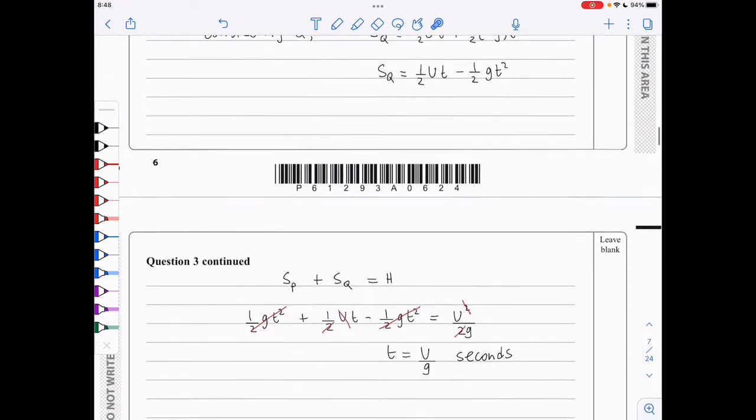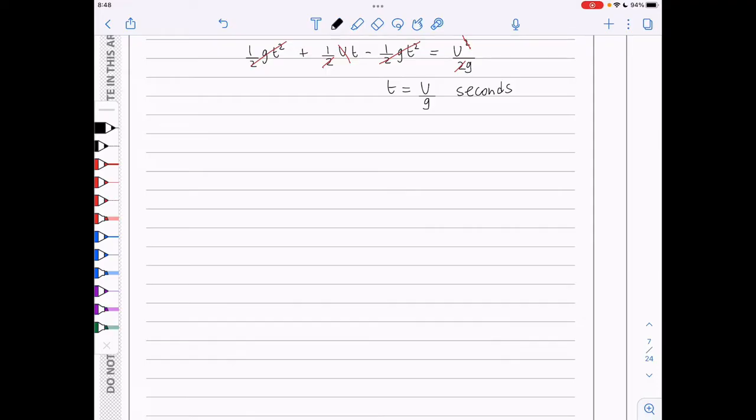So I'm just gonna say that when t is equal to u over g, as we have just established in part B, then the displacement of Q is a half u over g, I'm replacing t with u over g, minus a half g (u over g) all squared.